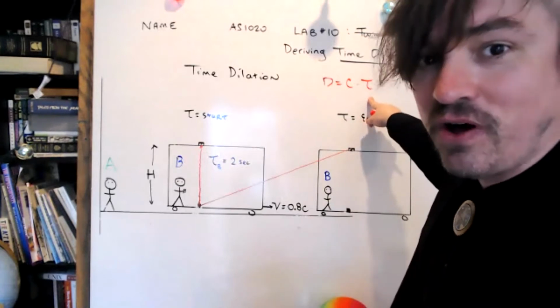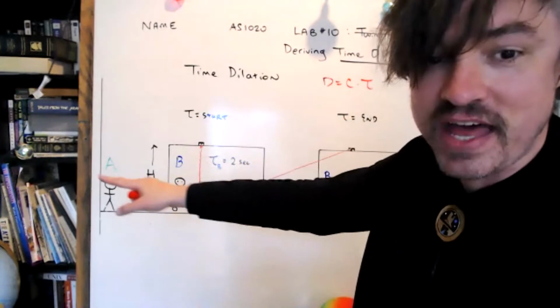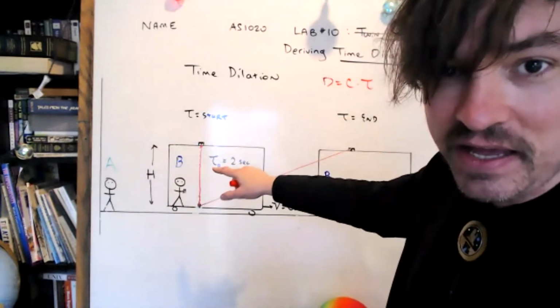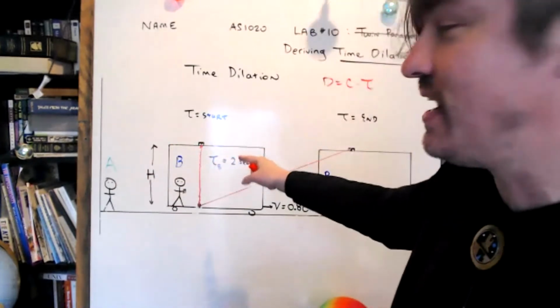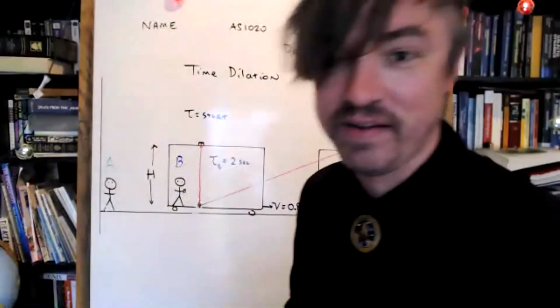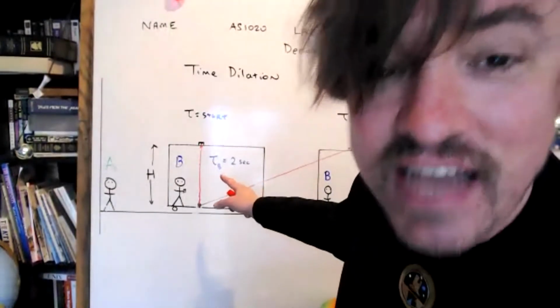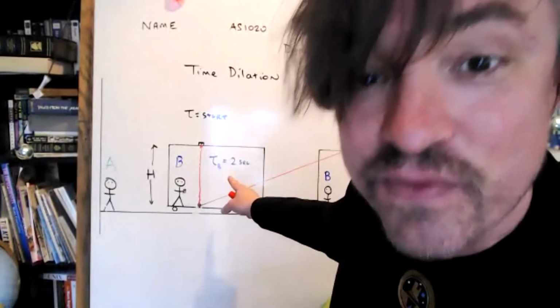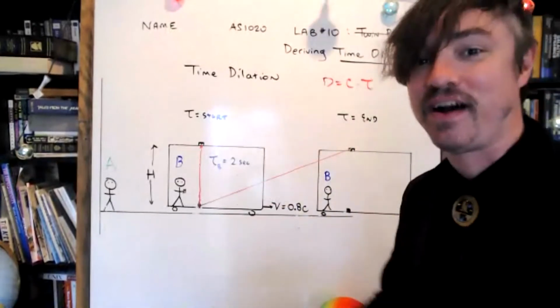Therefore, there is no longer a flow of time that is communal to A and B, but B has his own rate of time and A has its own rate of time. And the implication is that time is going to run at a different rate inside the moving train car.